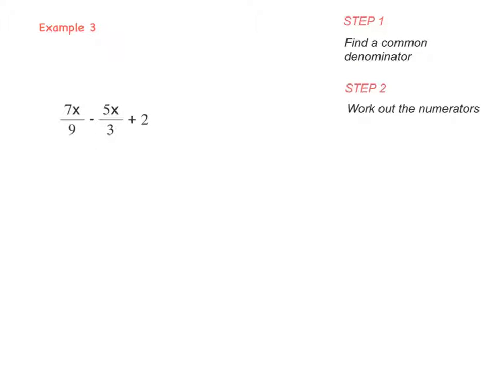And the last example in here, we need to follow the steps all the time. So first of all, find the common denominator for 9 and 3. The lowest common multiple or the lowest common denominator for 9 and 3 is 9. Okay.